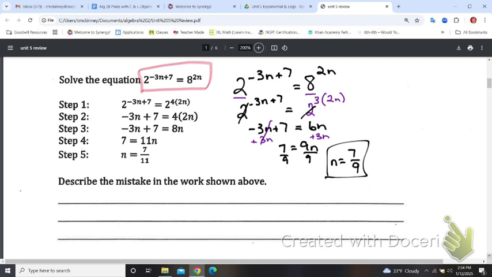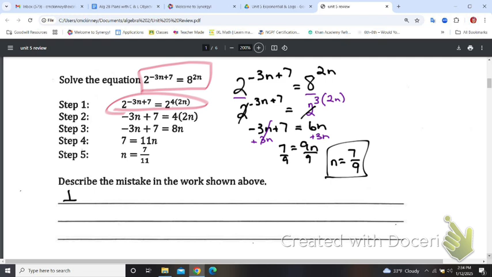And now, as far as what is the mistake, I'm going to go back through their work and see the first time my work and their work is not the same. And so when I do that, I see that way early in the process, in step 1. And so that's what I'm going to say.